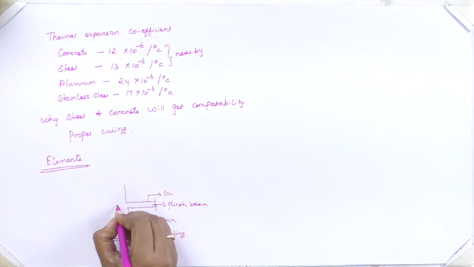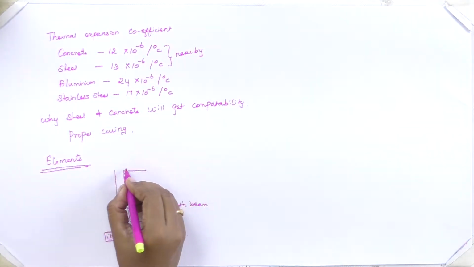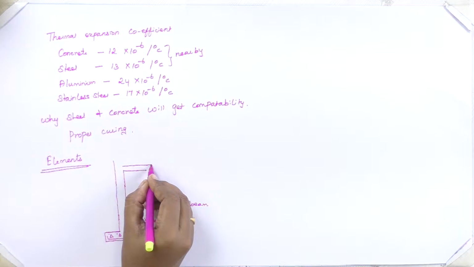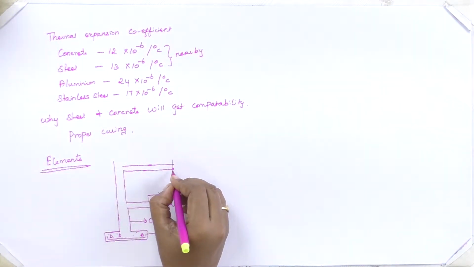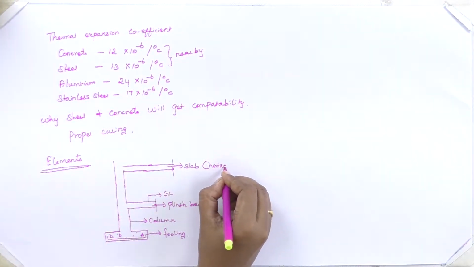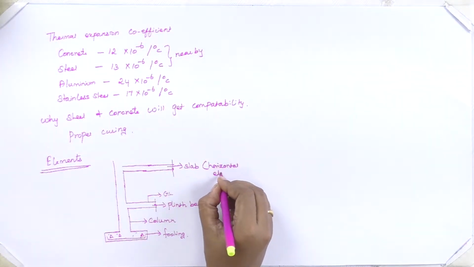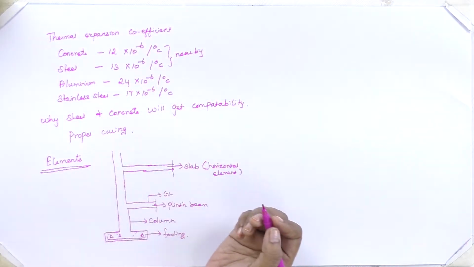Above this, we raise our columns. Here we have a slab with beam arrangements. The slab is a horizontal element, after which the column continues. These are the elements we have in the structure, starting from footing, column, beams and slabs.